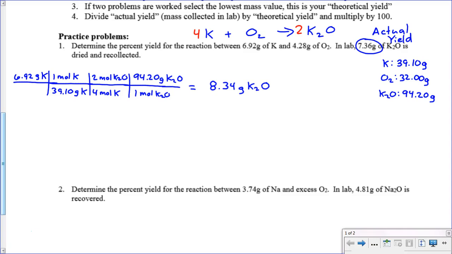Then I need to start with my other reactant and see how much K2O I can make based on how much oxygen I have. I start with 4.28 grams of oxygen. I want to convert from grams of oxygen to moles, so I'm going to use the molar mass: there are 32.00 grams of O2 in 1 mole of O2.